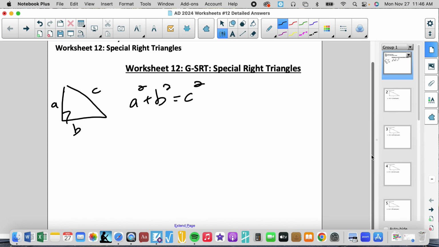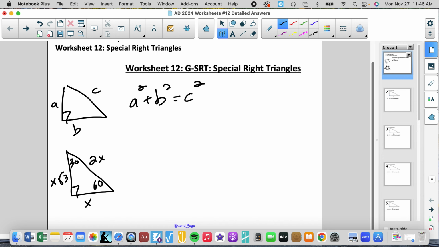But there are certain special triangles, like 30, 60, 90 triangles. In a 30, 60, 90, the legs have a relationship with the hypotenuse. The hypotenuse is going to be 2 times the smaller leg, and the side opposite the 60, the long leg as they call it, is going to be x rad 3, and we're going to use that.